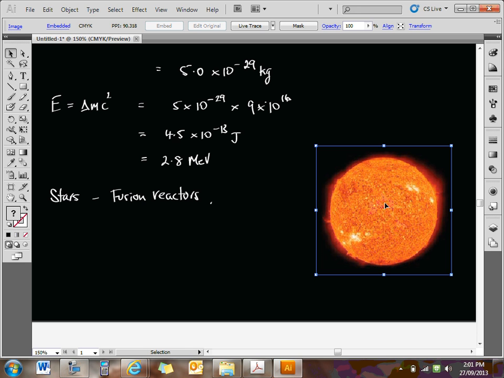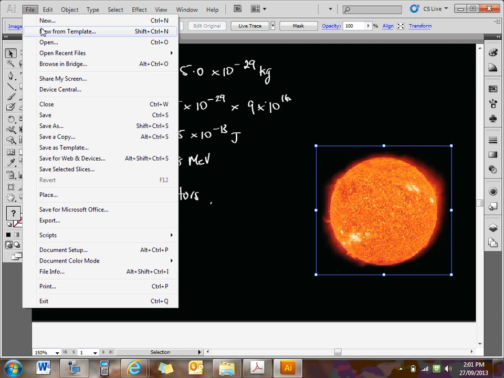The fusion goes on inside the core where the density is so great and the pressure on the atoms that make up the core, as a result of the gravity associated with something so massive, is huge. Let's go to a new page.